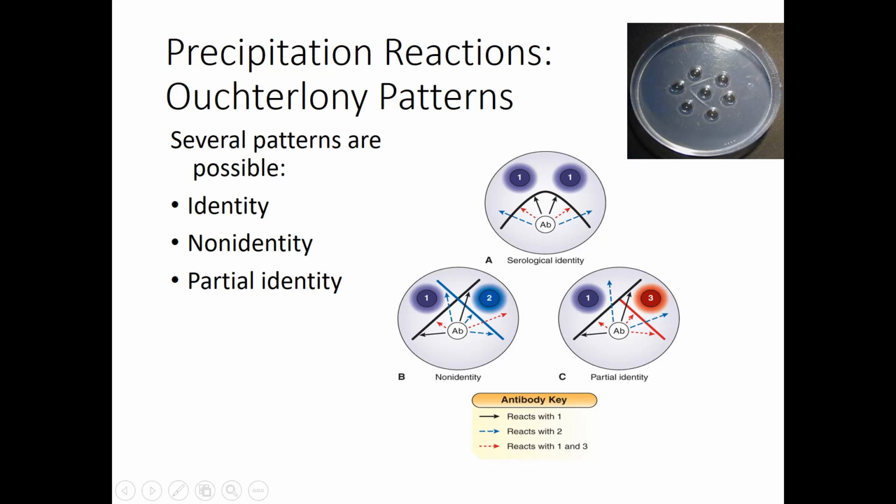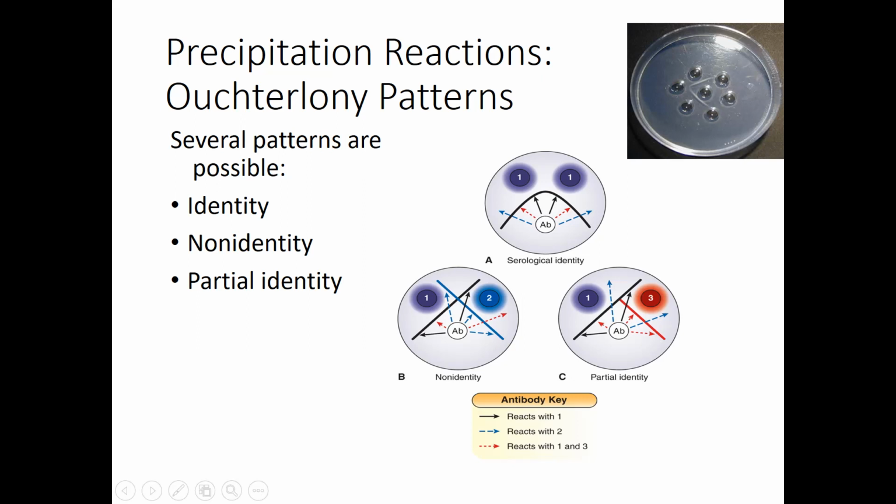And finally, the third thing we can get is what we call partial identity. So here again could be the patient, and this is another known, and you see, we use different reagent antigens here. These are not exactly alike. We have that spur, and it's facing our known antigen.